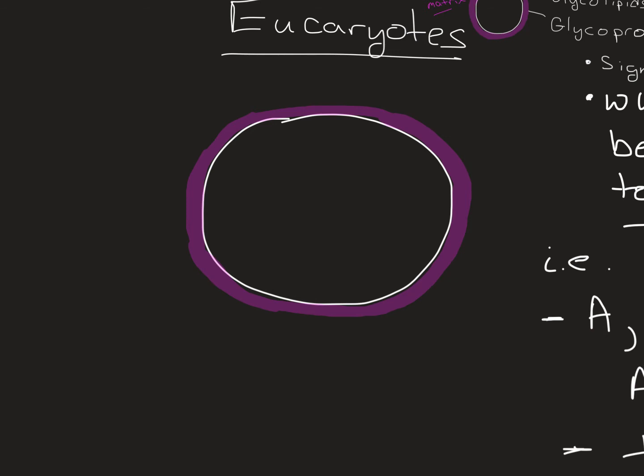Now, eukaryotes have something special, and this is going to be key if you're going to understand, and you're going to have to be able to identify the difference. Eukaryotes have membranes inside the plasma membrane.